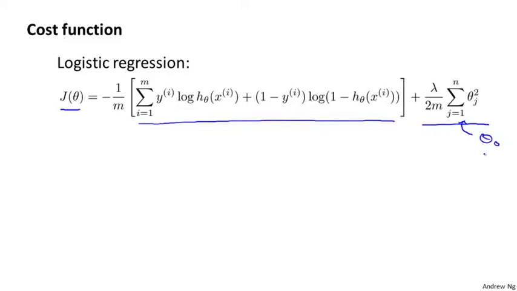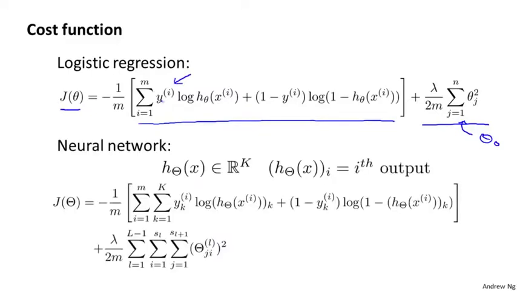For a neural network, our cost function is going to be a generalization of this, where instead of having basically just one logistic regression output unit, we may instead have K of them. So here's our cost function. Our neural network now outputs vectors in R^K, where K might be equal to 1 if we have a binary classification problem. I'm going to use this notation h(x)_i to denote the ith output.